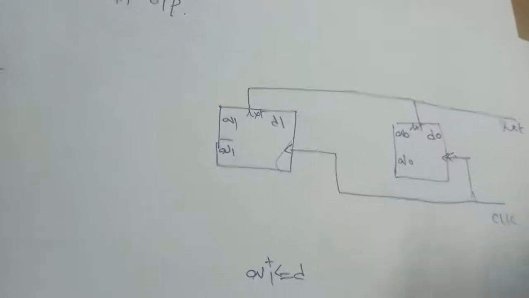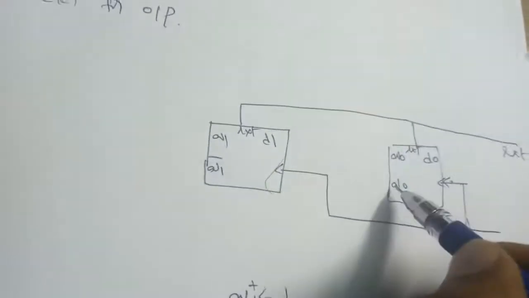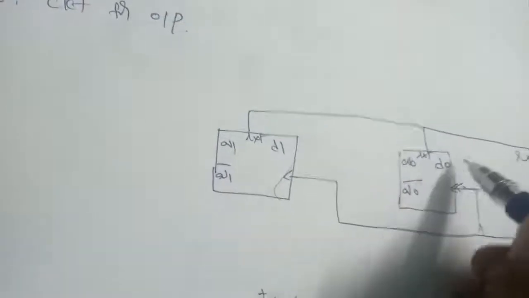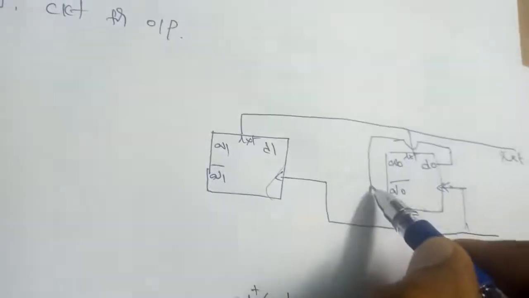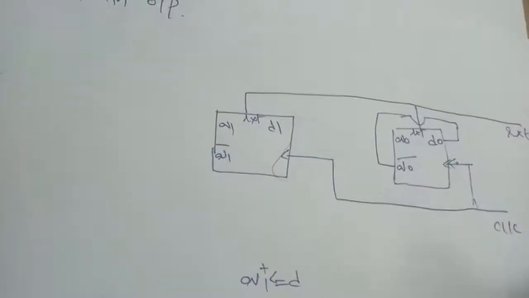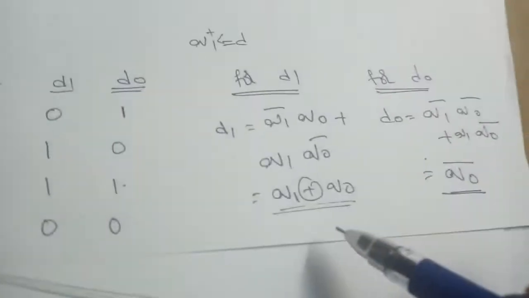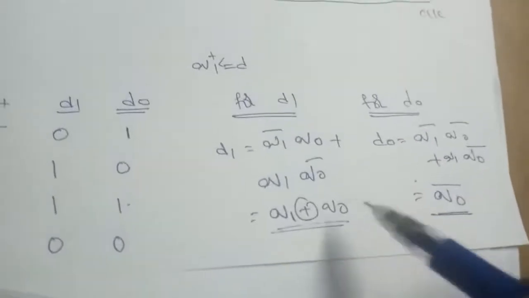We know that D0 is equal to Q0 bar, so the D0 input will be Q0 bar. Similarly, Q1 XOR Q0 is our D1 input.